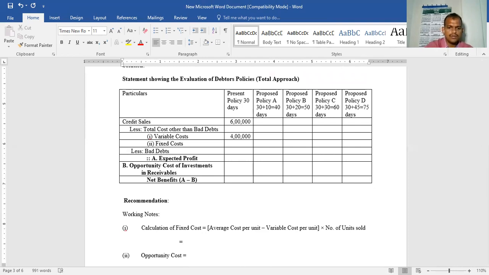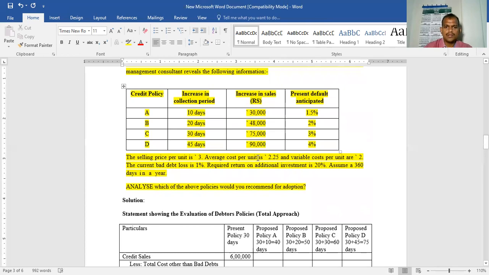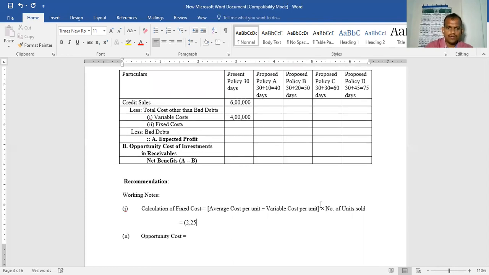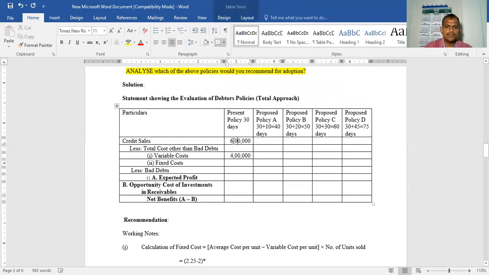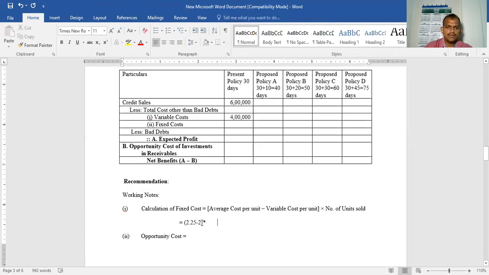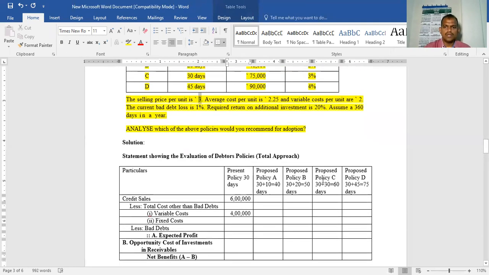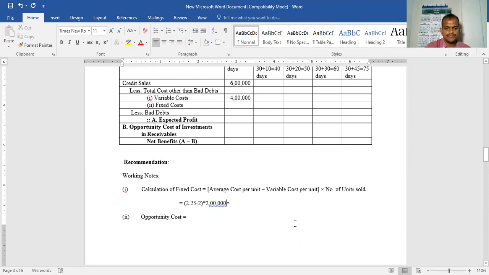Average cost per unit 2.25, variable cost 2. 2.25 minus 2 into number of units sold, 2 lakh units, right? Six lakhs by selling price 3 rupees, 2 lakh units. Okay, so it comes around 50,000.